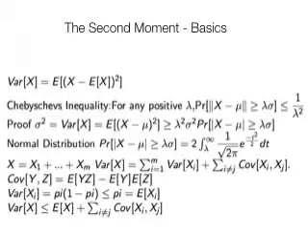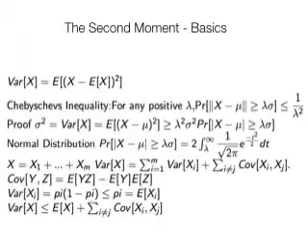Following standard practice, we let mu denote expectation and sigma squared denote variance. The positive square root sigma of the variance is called the standard deviation.